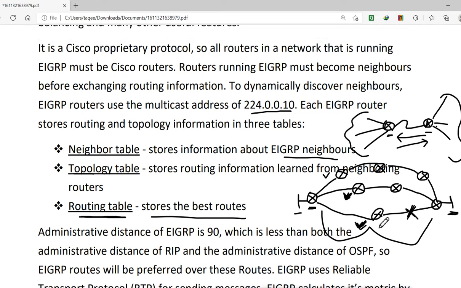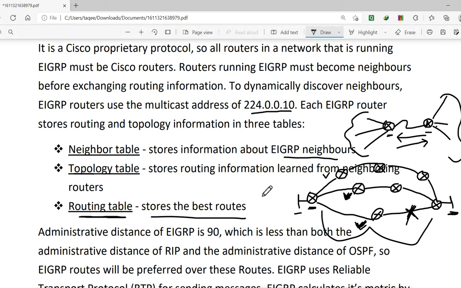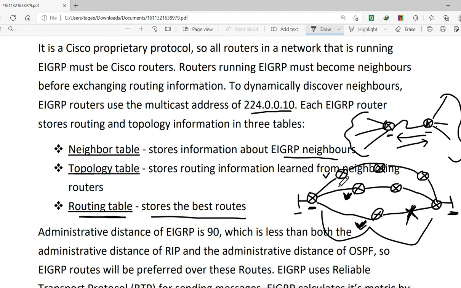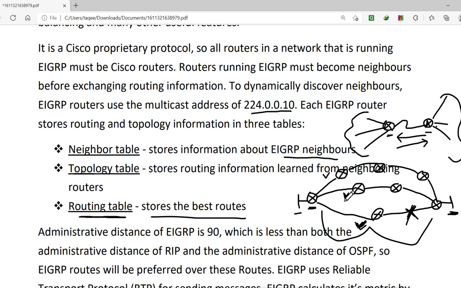Now, when this best path goes down, EIGRP doesn't have to do the calculation again, because it already knows these 2 paths, which are in the topology table. So EIGRP doesn't do the calculation again like RIP and OSPF. It will directly put the entry from the topology table into the routing table.